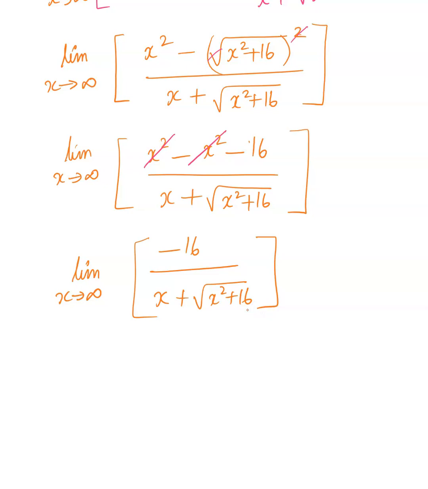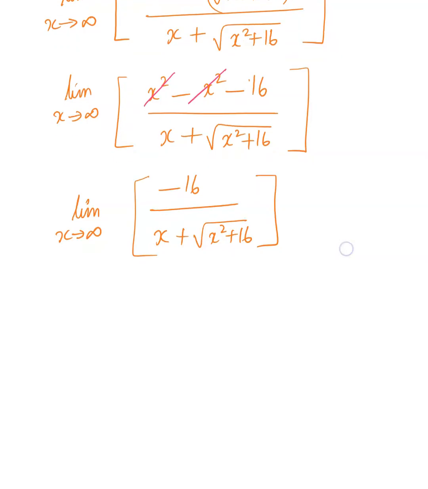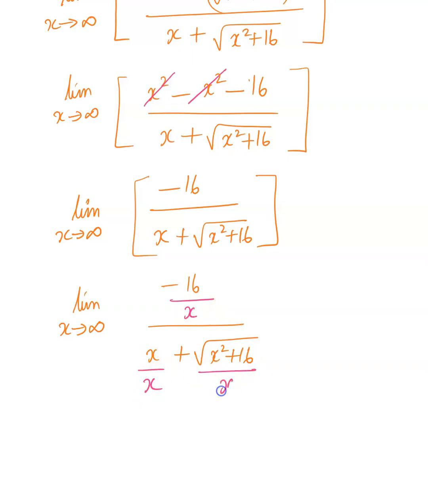So what we want to do here is divide the numerator and the denominator by the highest degree, which is x. Okay? So limit x approaches infinity, negative 16 over. Now this requires strong algebra skills in the sense that you are able to see how to manipulate the problem.